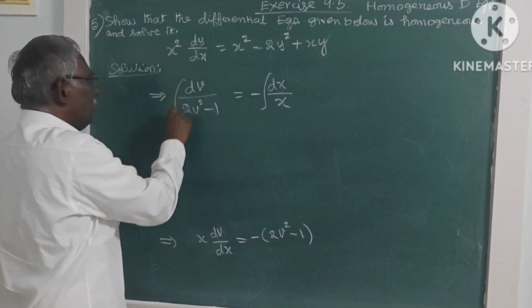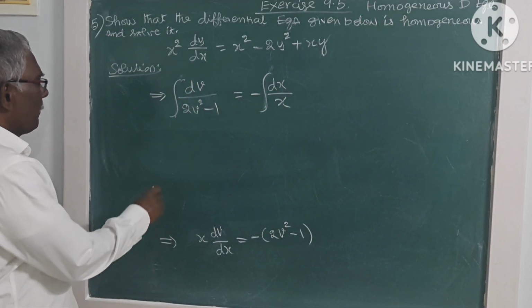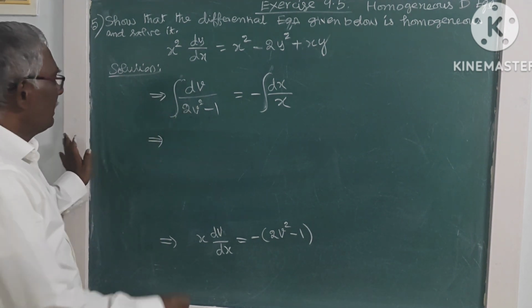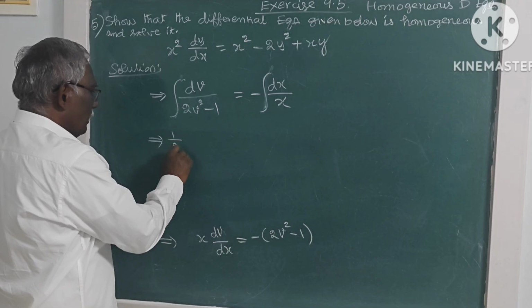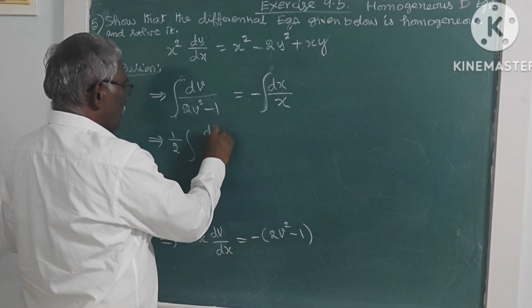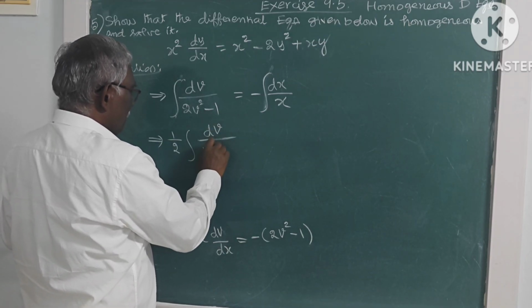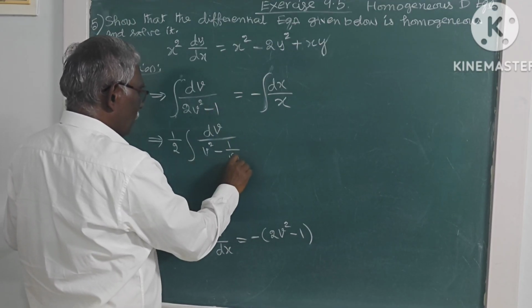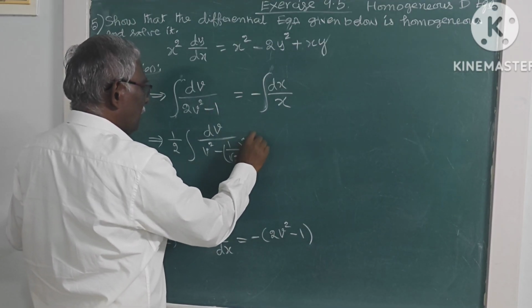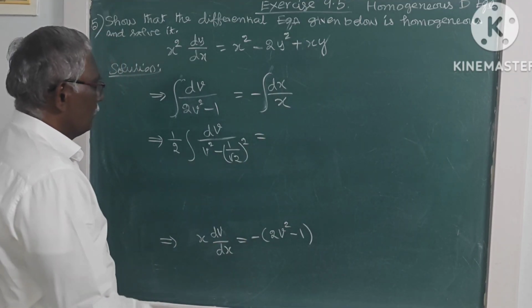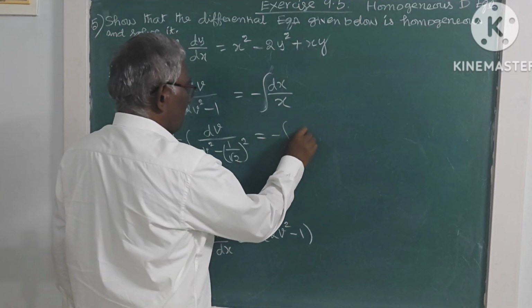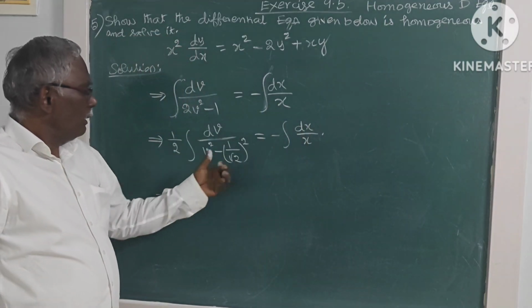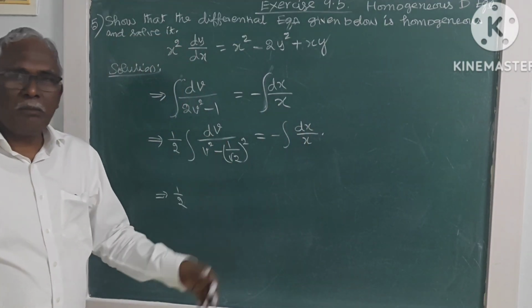On integrating again, before writing, take 2 outside the integral. So 1 by 2 times integral dv by v square minus 1 by root 2 whole square. This is in the form integral dx by x square minus a square.